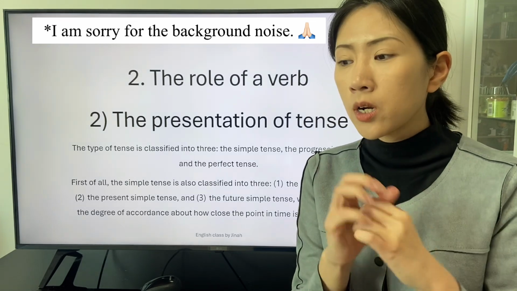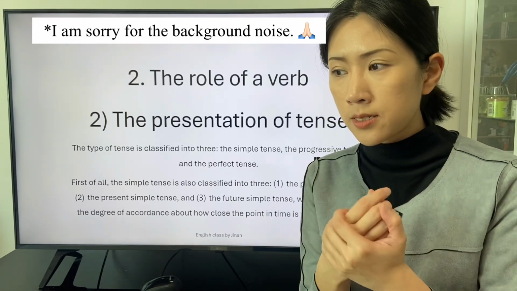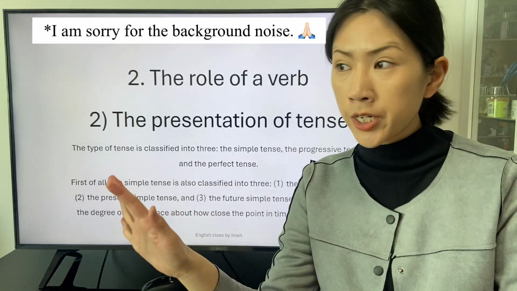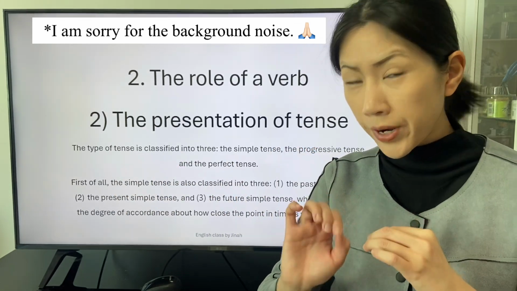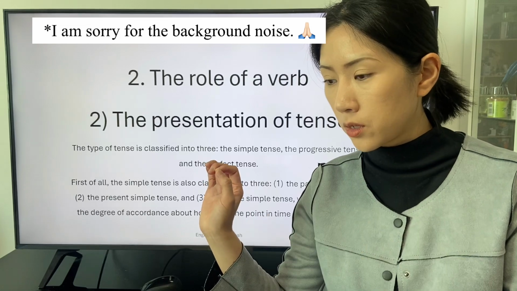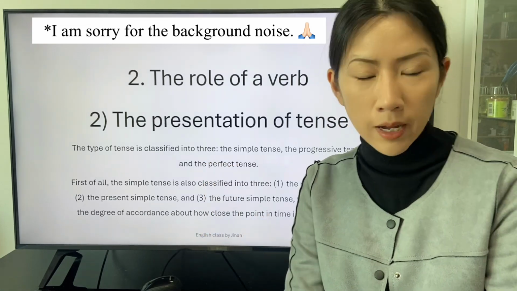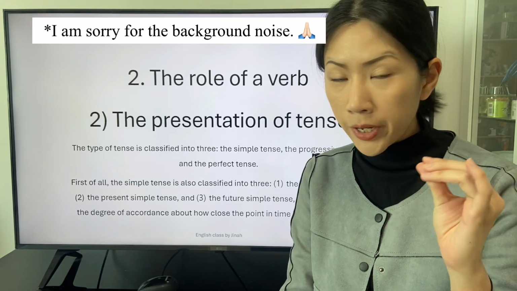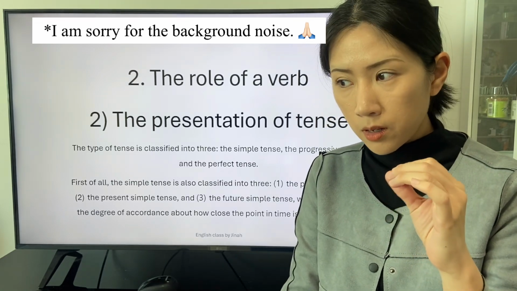The speaker who applies the simple tense in a clause considers the duration of the time as a point. The point of time is subjective.